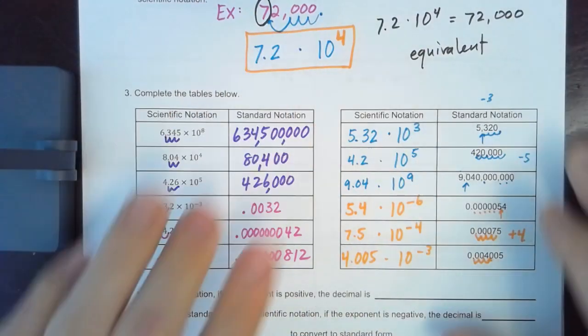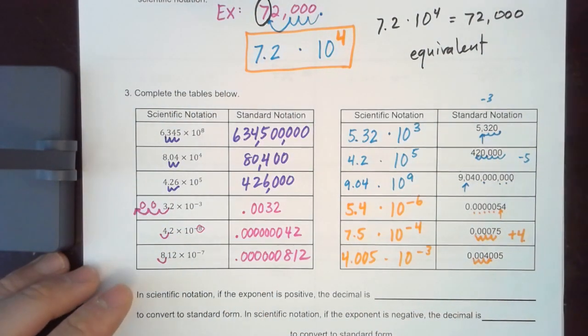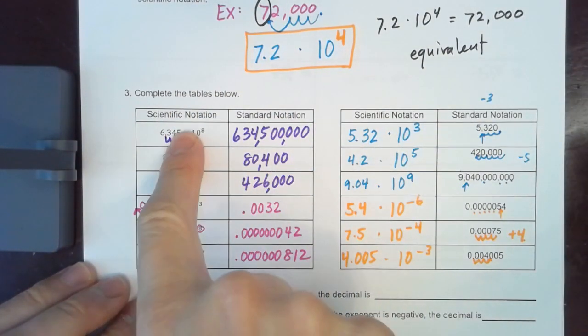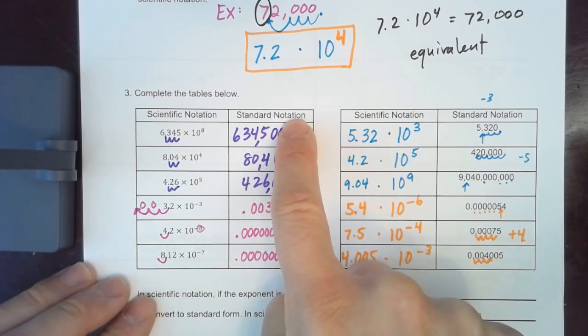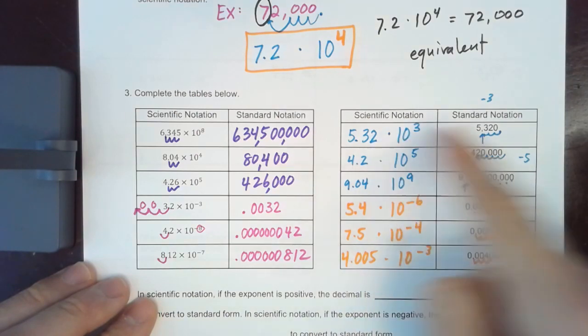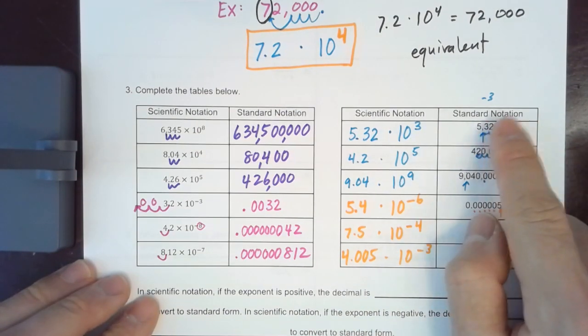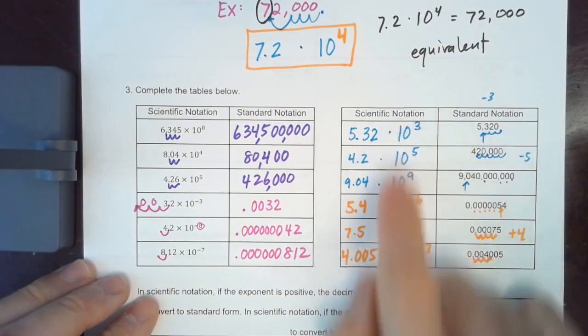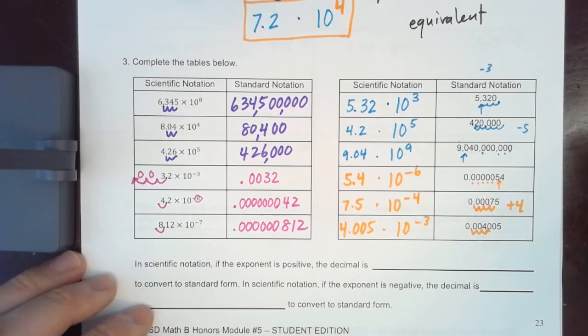Okay, this table was pretty much the entire lesson. If you understand how to convert from scientific notation to standard notation, that's great. Obviously, that's a skill you need to know. But you also need to know how to take something in standard notation and then convert it to scientific.